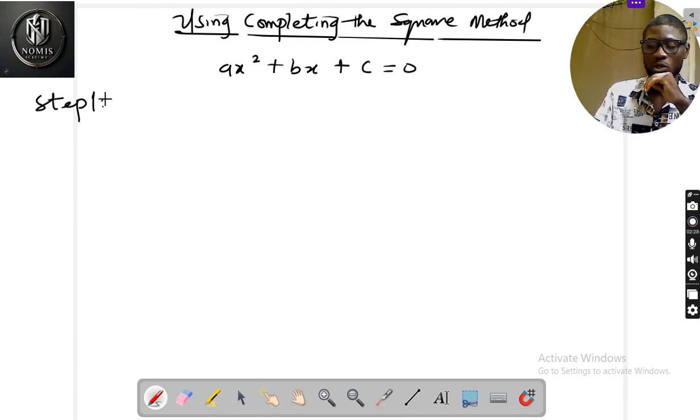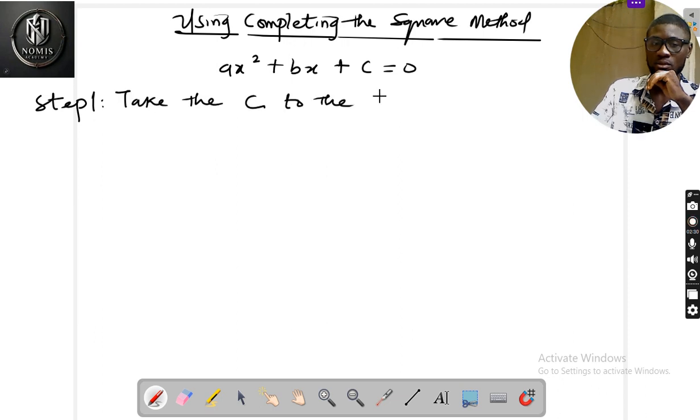Step number one, take the constant c to the right hand side of the equation.